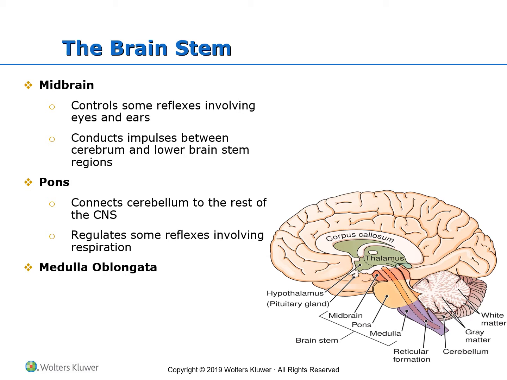We have a cardiac center that regulates the rate and the force of the heartbeat. This responds to changes in blood pressure. Whenever the blood pressure drops, this center will be stimulated, and as a result there will be an increase in the rate and the strength of the heartbeat. We have another center, the vasomotor center, that regulates contractions of the smooth muscles inside the blood vessels.